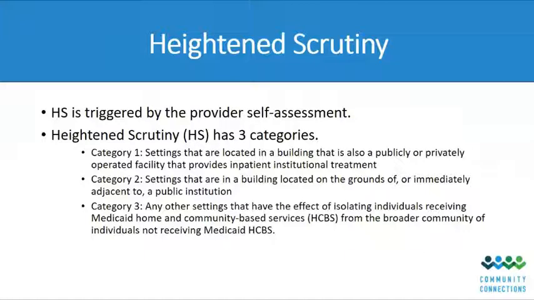Immediately adjacent to is defined as sharing a property line. Category 3 is any other settings that have the effect of isolating individuals receiving Medicaid home and community-based services from the broader community of individuals not receiving Medicaid HCBS services.